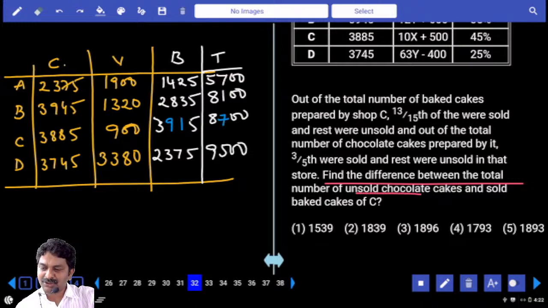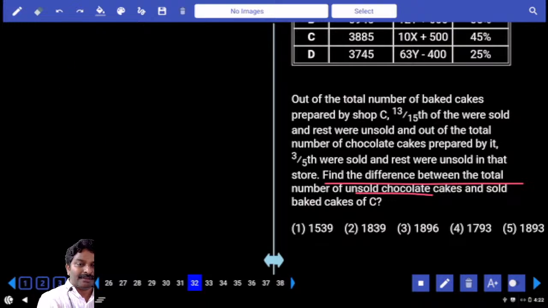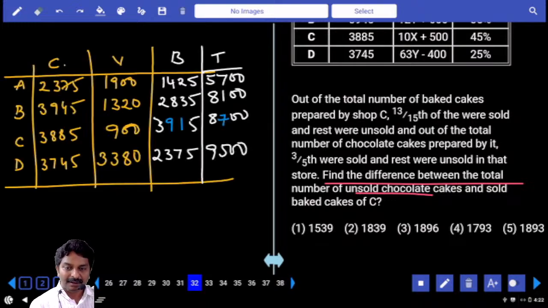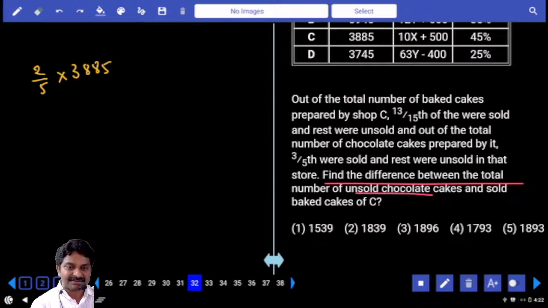Difference between unsold chocolate cakes. Chocolate cakes are 3885. 3885, unsold. Sold are 3/5, unsold are 2/5. And then 3915 is baked cakes.